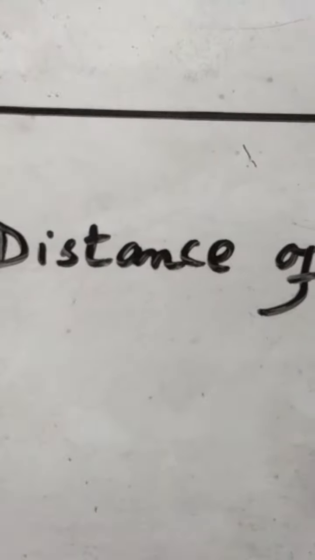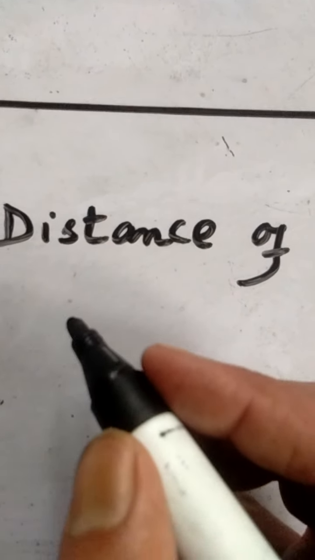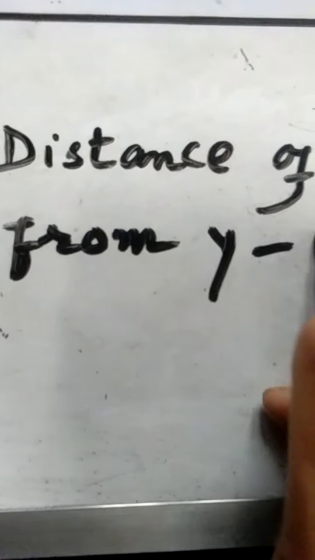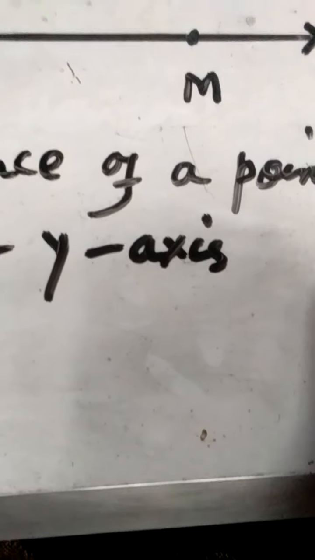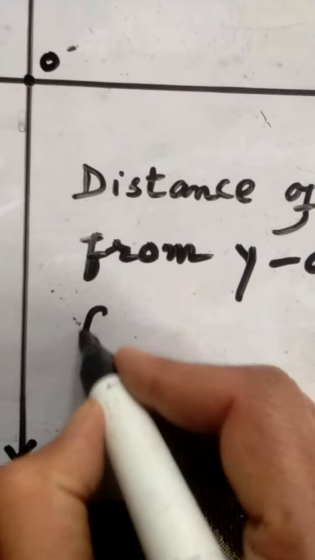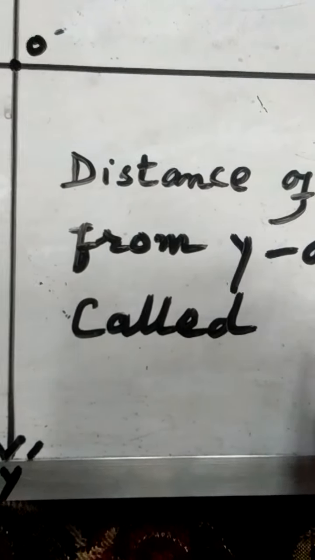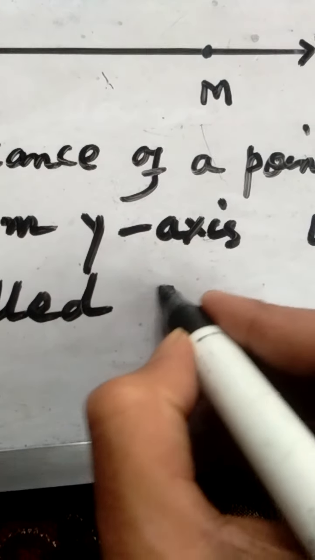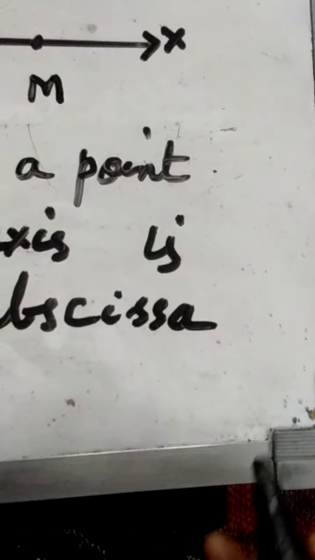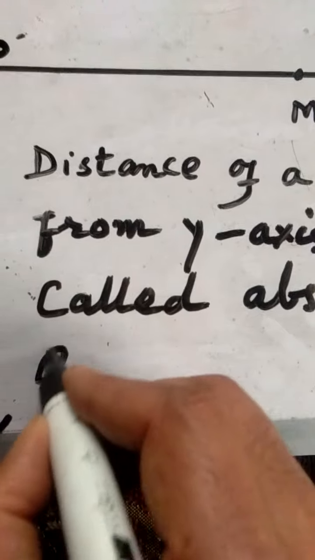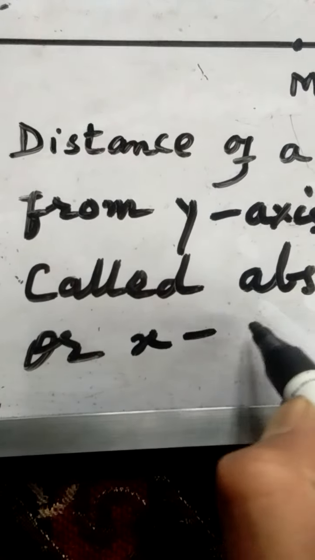Distance of a point from y-axis is called abscissa, or x coordinate.